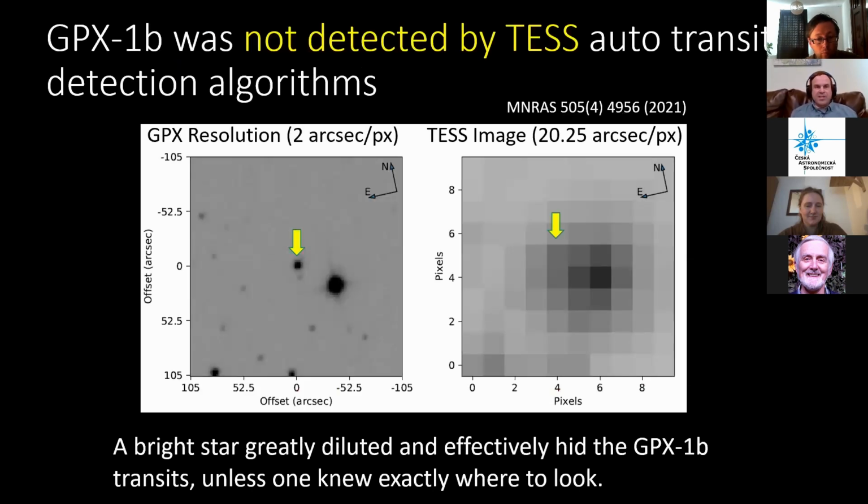What is very interesting about GPX-1b is that TESS could not detect it with their auto transit detection algorithms. They have SPOC as one of their auto detecting methods, and QLP, and neither of them could see it.